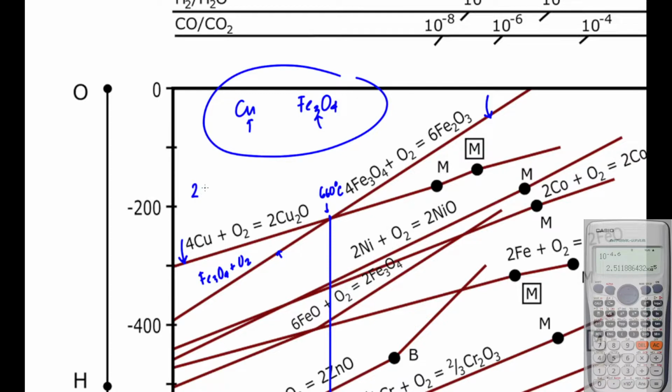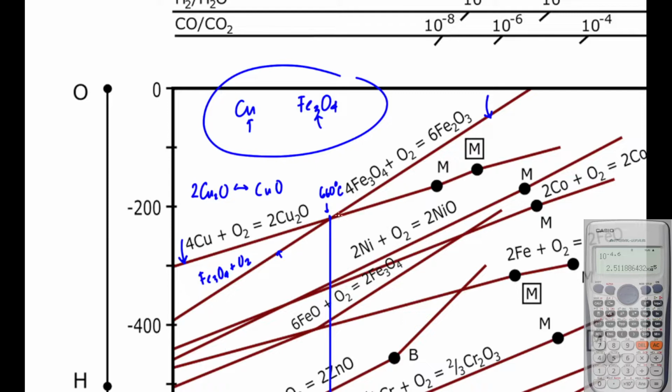So, kumbaga, ang more likely reaction to occur is the reduction of Cu2O into Cu. Okay? So, Fe3O4 acts as a reductant. Tapos si Cu2O acts as an oxidant for Fe3O4. Okay?